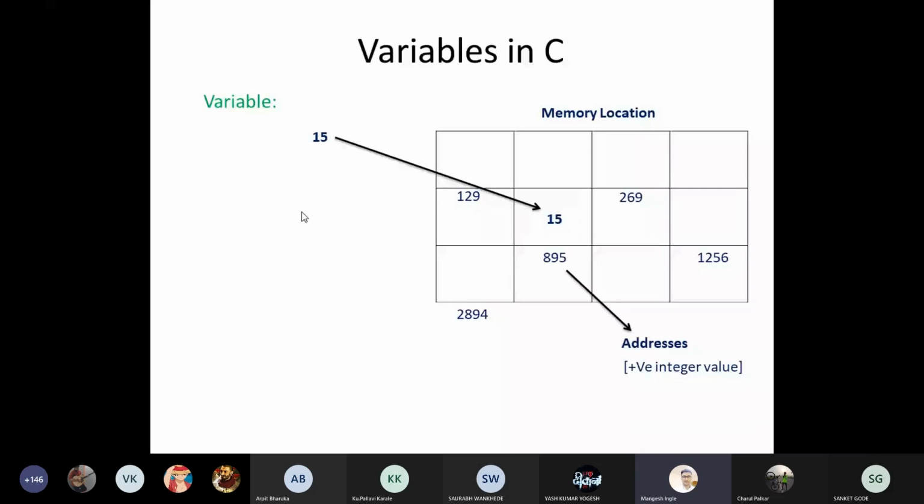So the student's address can be identified by location. But here I am putting the 15 value into memory, and that 15 is directly loaded into that memory location. So it is quite difficult to access. If I want to access the value of 15, it is quite difficult.